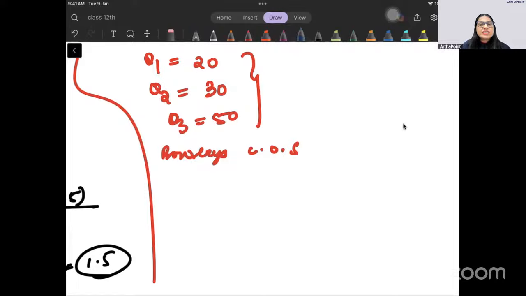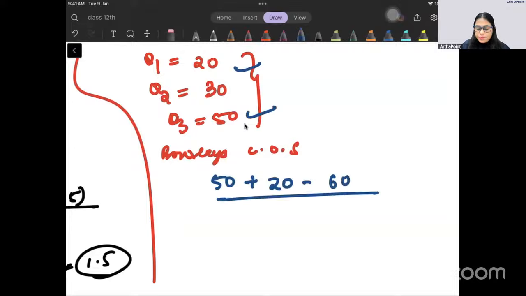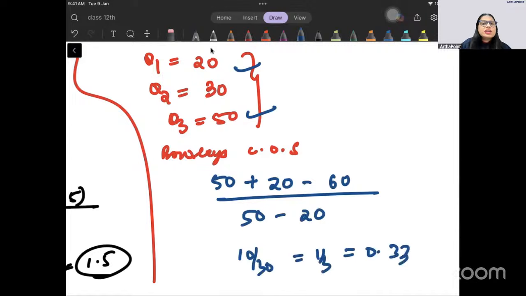What's the answer? Why are you taking so much time? (50 plus 20 minus 60) upon (50 minus 20). 10 by 30. 1 by 3. 0.33.